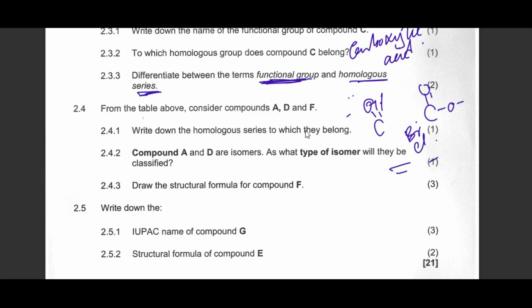And then a homologous series can be described as compounds with the same general formula, in which one member will differ from the next by CH2.